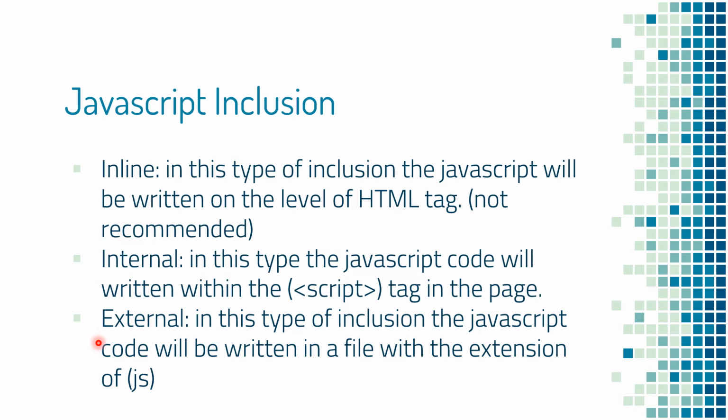In this case, you write your code in a JavaScript file, and the JavaScript file extension is JS. You start like any file, you type your code, and once you want to save it, just make sure you save this file with the JS extension, okay?